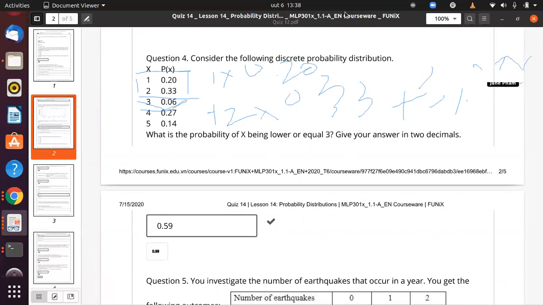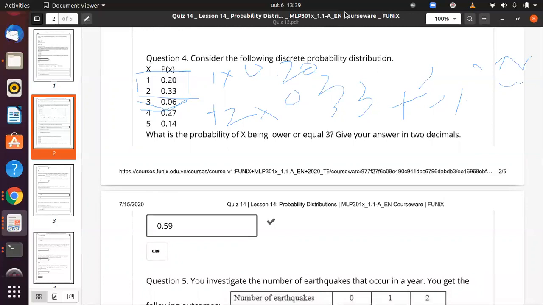No, here you don't have to multiply by the discrete value. Here you just have to make the sum of the probabilities. It is a union and the events are independent. There are no intersections. Either it is 1, either it is 2, either it is 3.